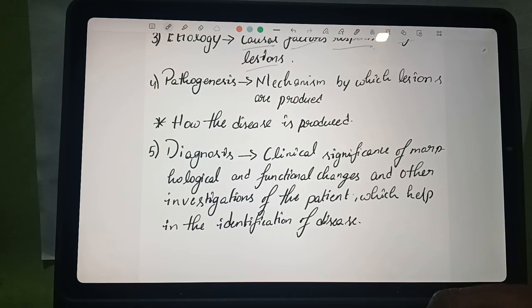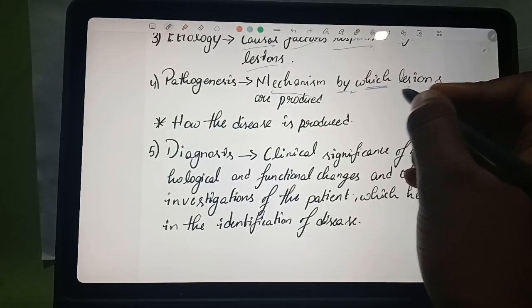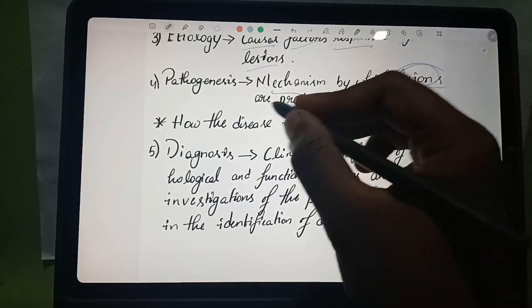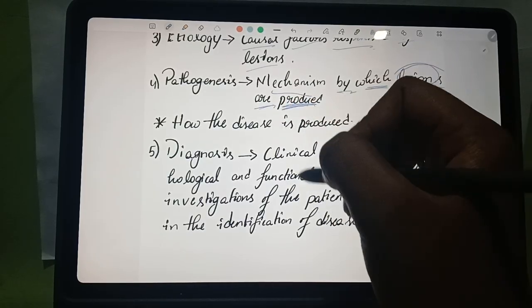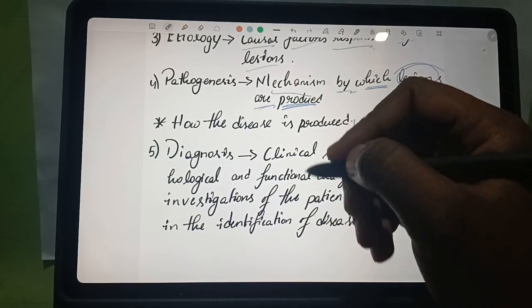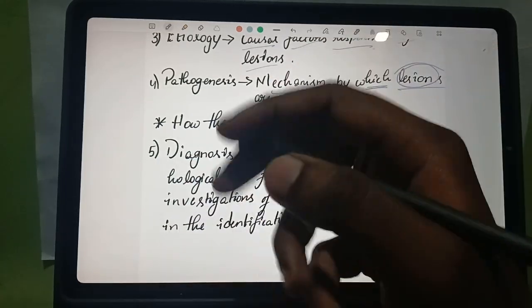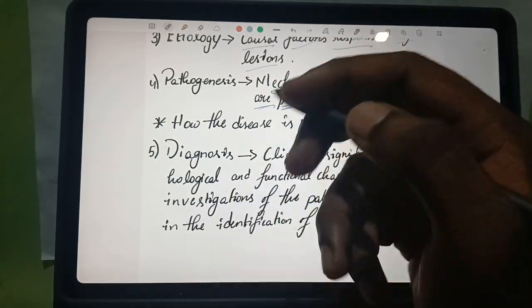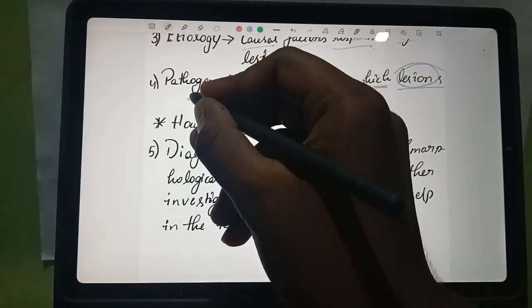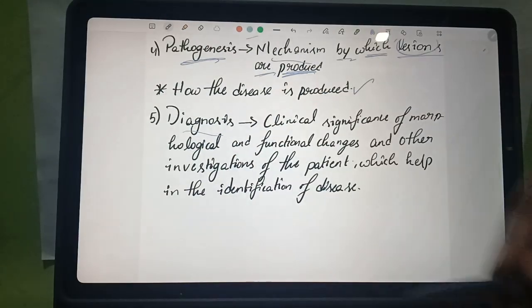It is a mechanism by which lesions are produced. It means how the disease was produced, how the disease occurred in a particular patient. That is called pathogenesis.